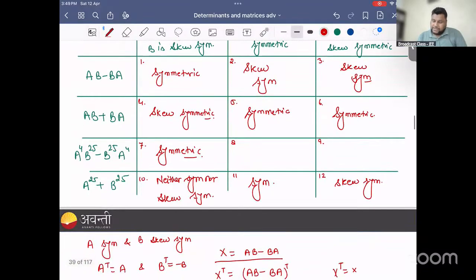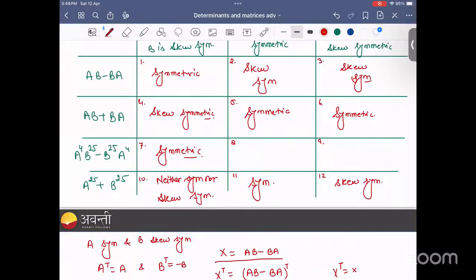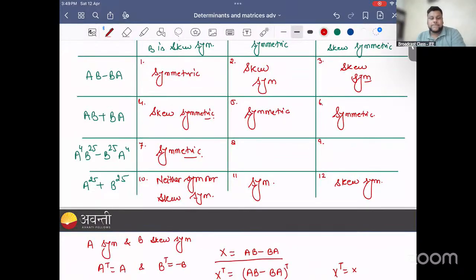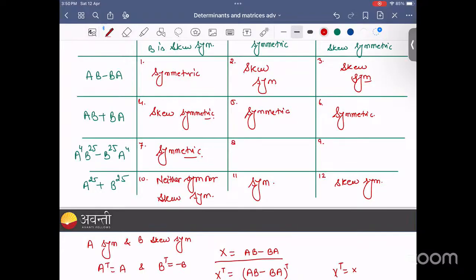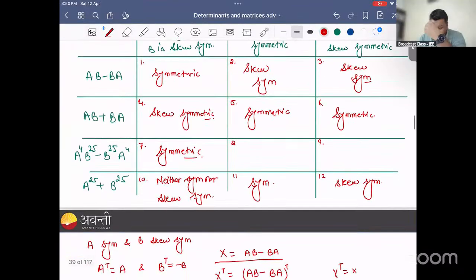Only 8th and 9th left. Quickly respond. Sir, 8th one is skew symmetric. A and B both symmetric. So 8th will be skew symmetric. Yes.